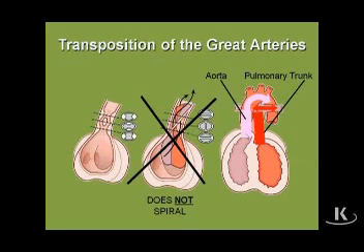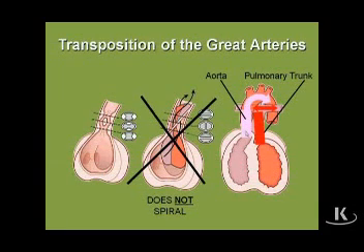And the reason that's true is that these children who are born alive with transposition always have other defects. They have other defects that allow for mixing of blood between the right and left side, whether they be septal defects or other defects. It's that mixing that's allowing the child to stay alive.